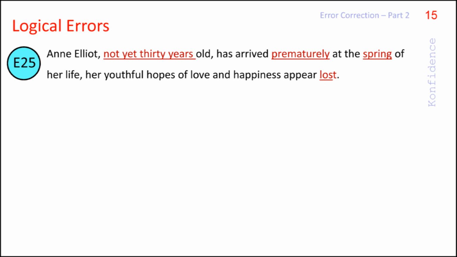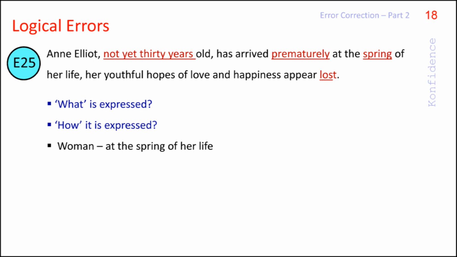In order to identify the logical errors in a sentence, first of all, we must understand what is expressed in that sentence and how it is expressed, especially the choice of words. The woman mentioned in the sentence is not even 30 years old. That means she is definitely at the spring of her life. Then the word prematurely is inappropriate there.